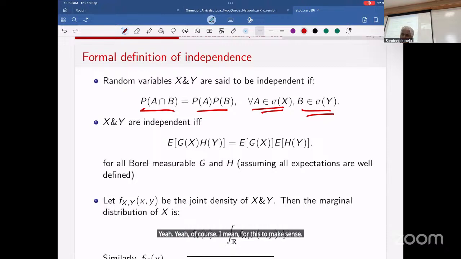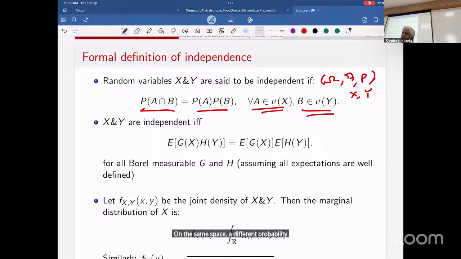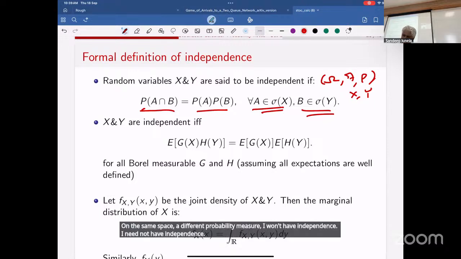So there's an underlying space omega, there's a sigma algebra F, and there's a probability measure P, the same measure, on which we define random variables X and Y for us to say all this. So independence is very much a function of the probability measure. On the same space, with a different probability measure, I need not have independence.